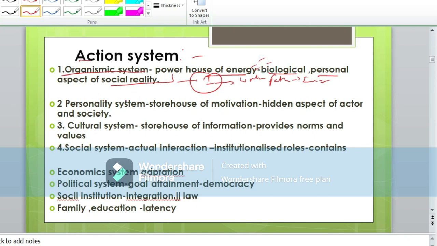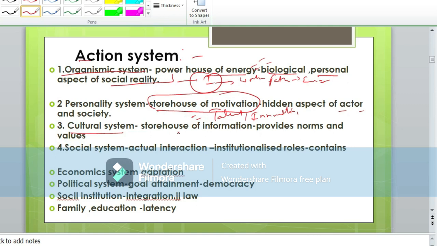Then comes the personality system, which is the storehouse of motivation, and this is the hidden aspect of the actor. It comes out when there is talent to emerge or innovation to be developed. Then the actor becomes a music player, a dancer; the same father becomes a scientist and acts on the personality system.